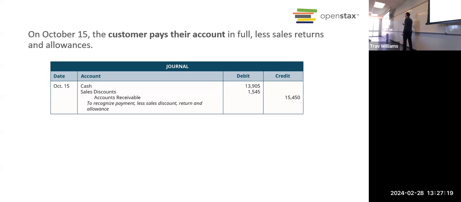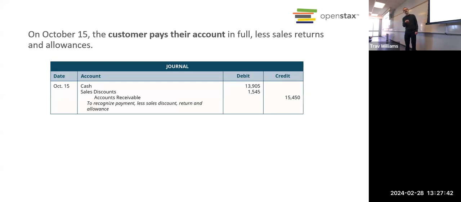What would be the balance in that accounts receivable account at that point? Zero, right? The total amount that they owed has been completely reduced and paid off, right? It got reduced by the return, reduced by the allowance, and then paid off. But the customer didn't pay that amount, right?